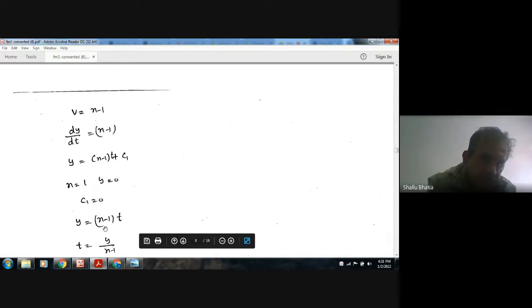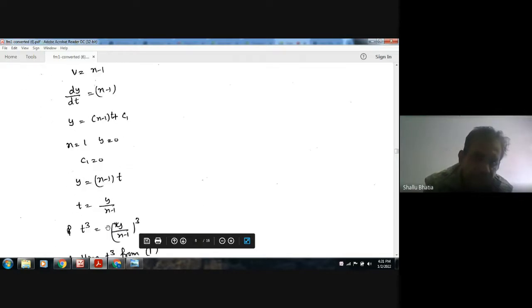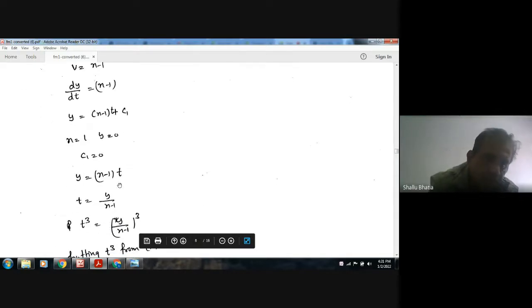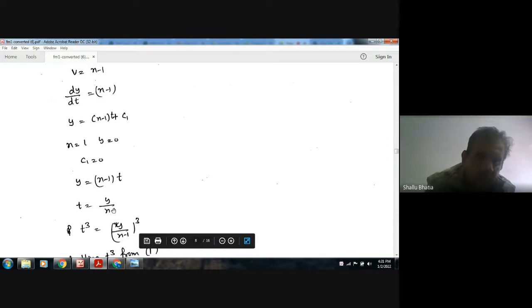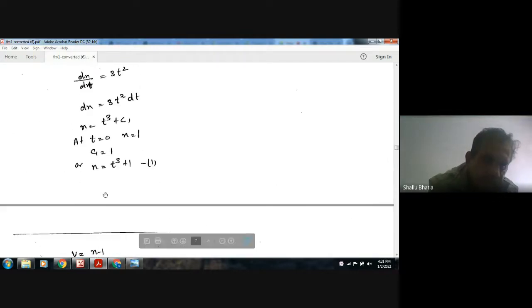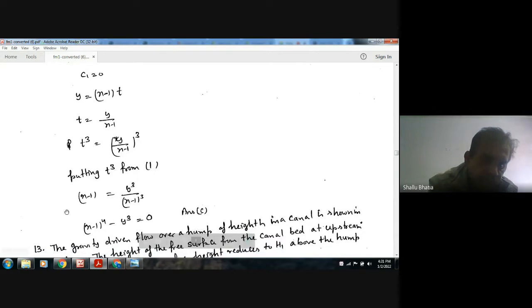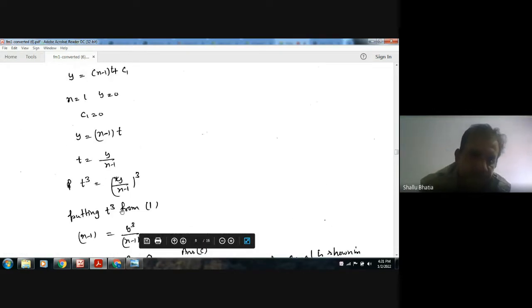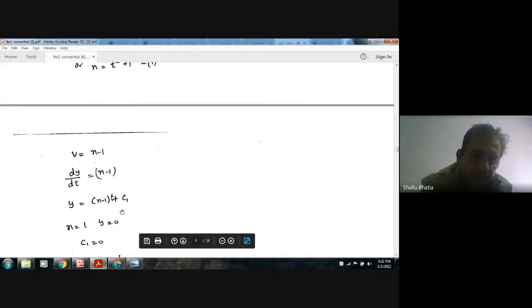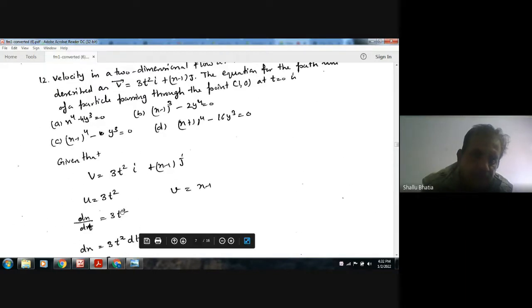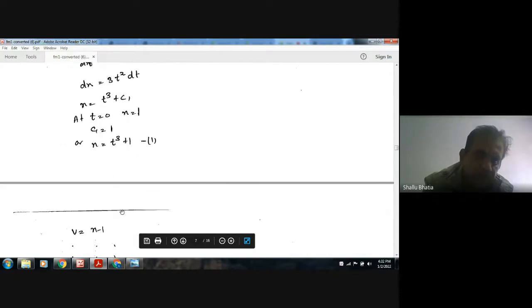So the equation is y equals (x minus 1) t, or from this we can have t as y by (x minus 1). As t cube is used in the equation for x, putting the value of t in this equation, we can have the equation of the path line, which is only a function of x and y. So answer C is the right answer, (x minus 1) to the power 4.